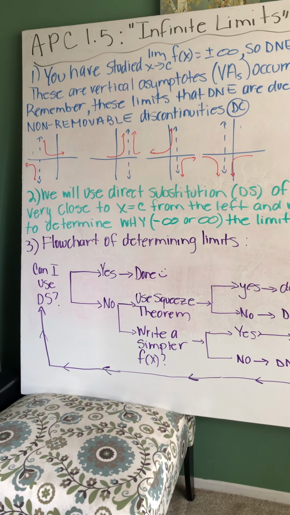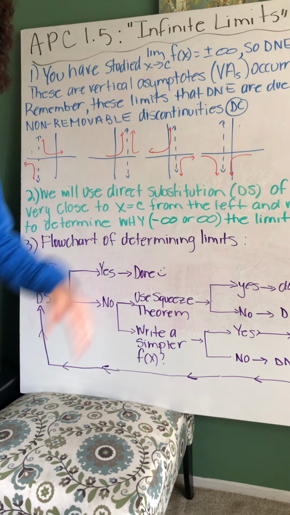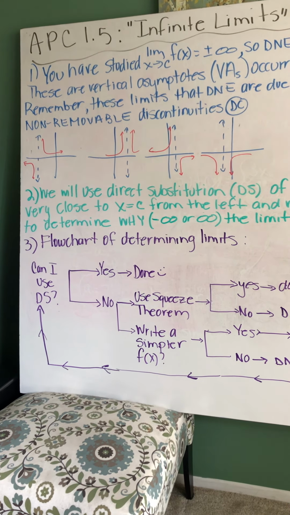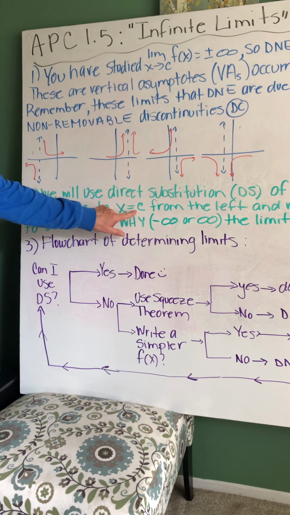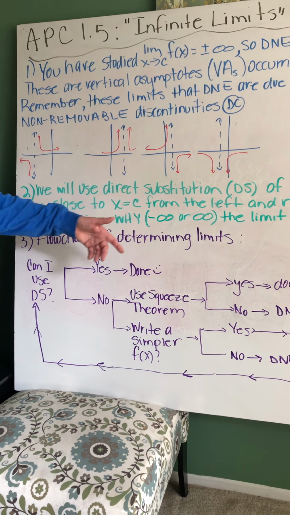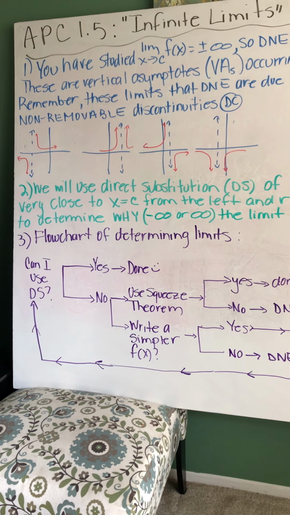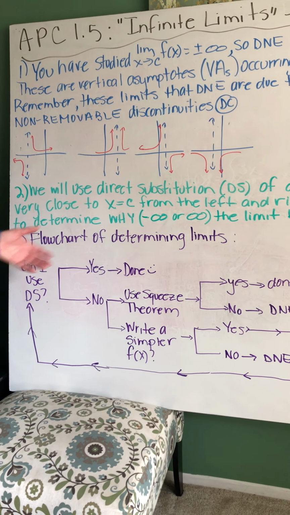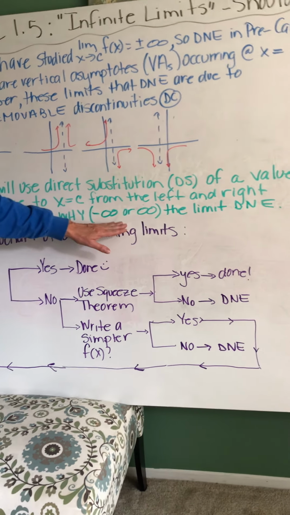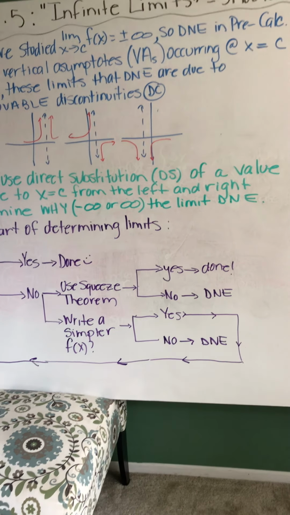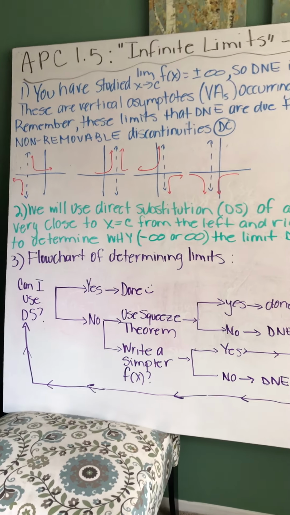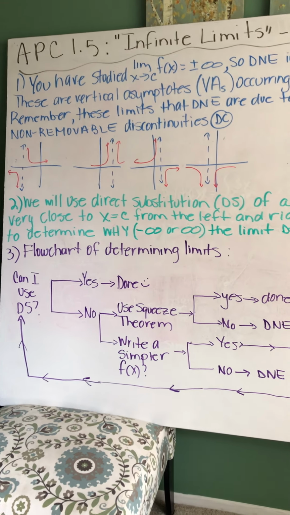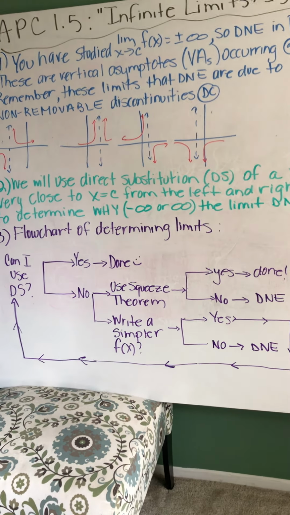So we are not looking at those today, just infinite discontinuities. So here's what we're going to do. We are going to use direct substitution of a value very close to x equals c, like 1/1000th away, from the left and the right to determine why the limit doesn't exist, to actually say it's because it's approaching negative infinity or positive infinity.